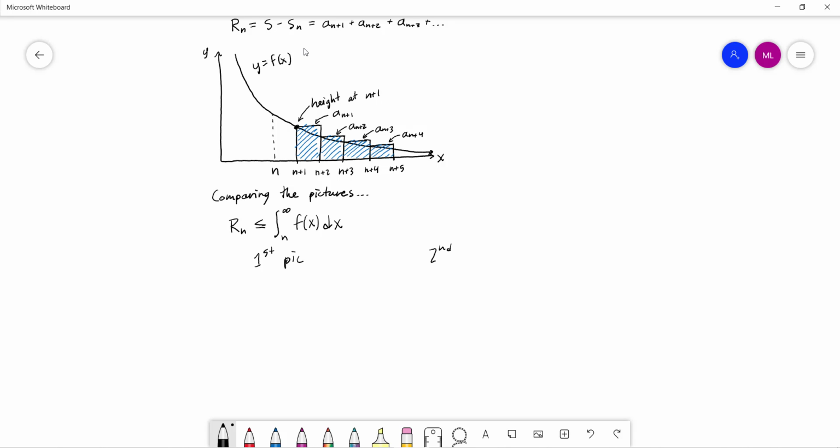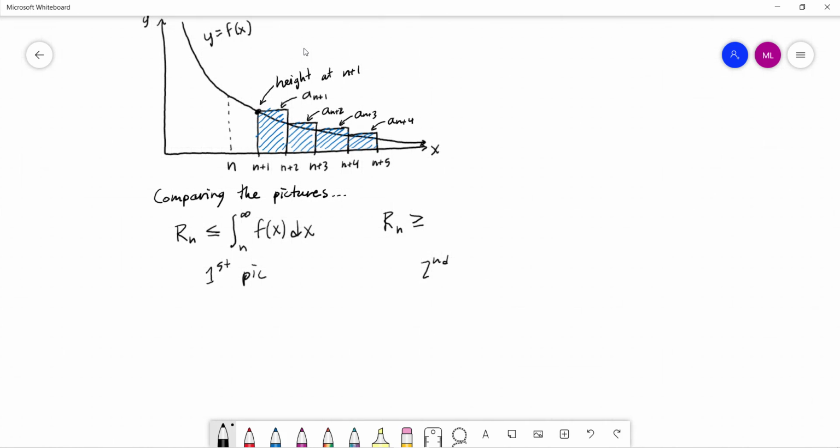And the second picture tells me that r sub n is greater than or equal to the integral from n plus 1 to infinity of f of x dx. Now I'm just comparing it to the curve starting at this point. The sum of the rectangles is greater than the integral starting right here.